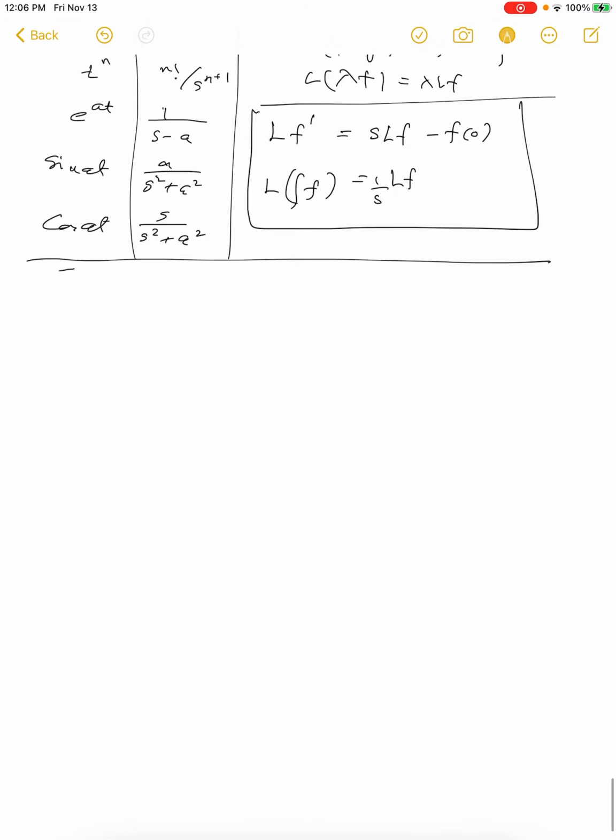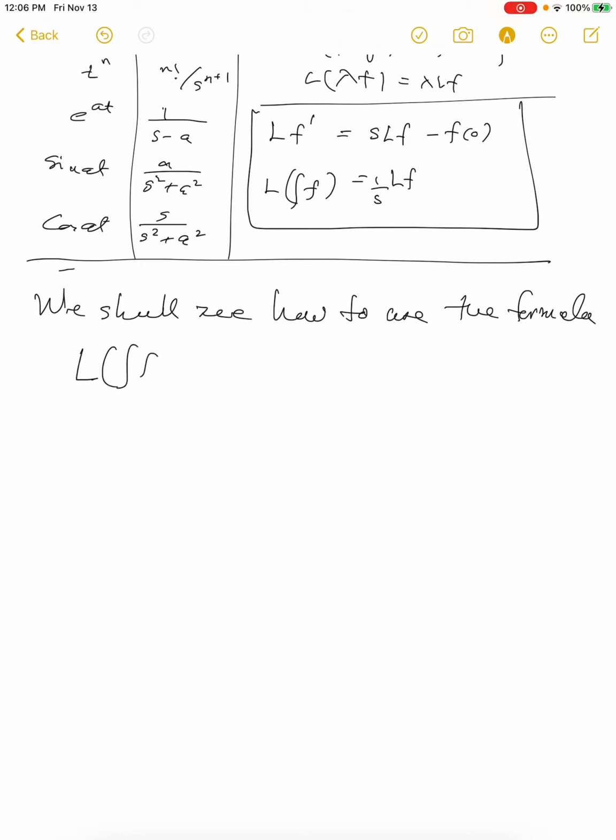So let's do one or two more problems and that will end this lecture. One more problem. We shall see how to use the formula L of the integral of f is 1 over s times lf to find inverse transforms.